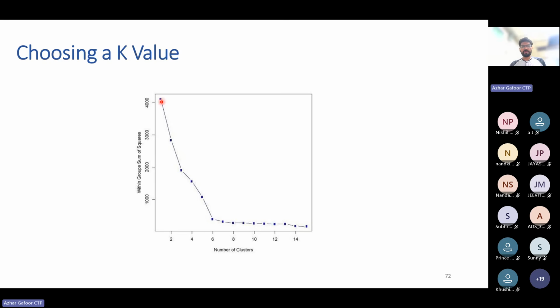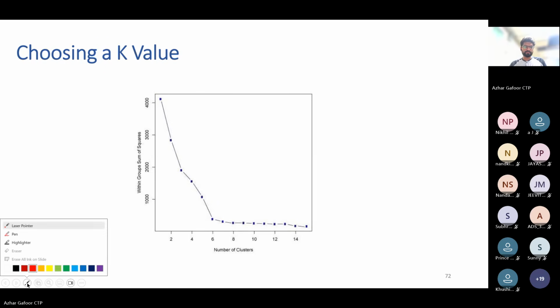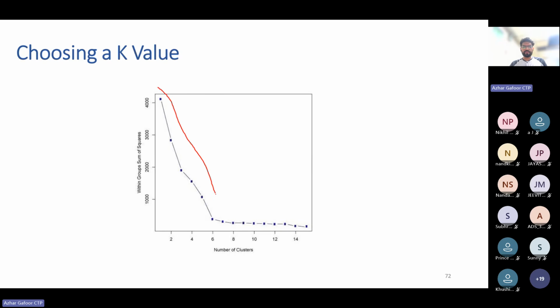So it's kind of like our hand. If we draw our hand like this, that's why this is called an elbow method.